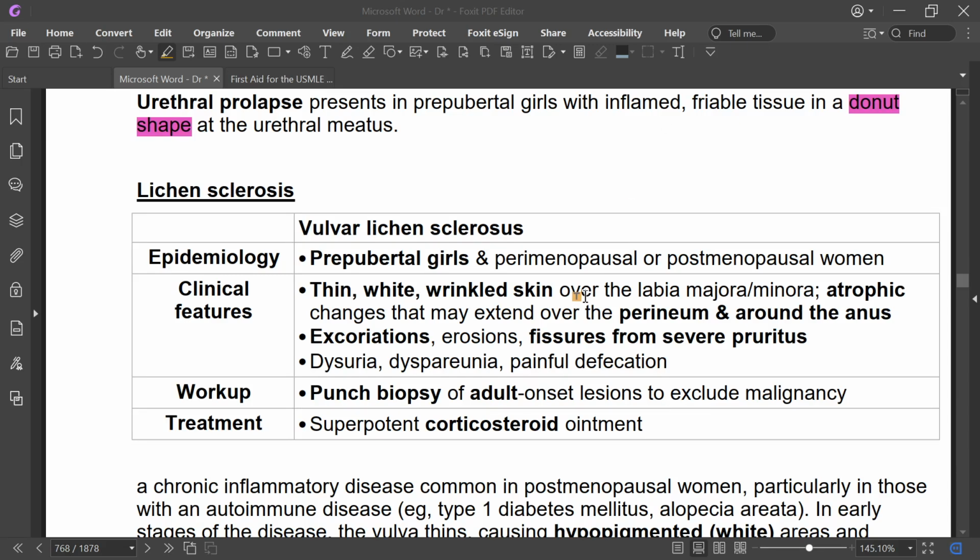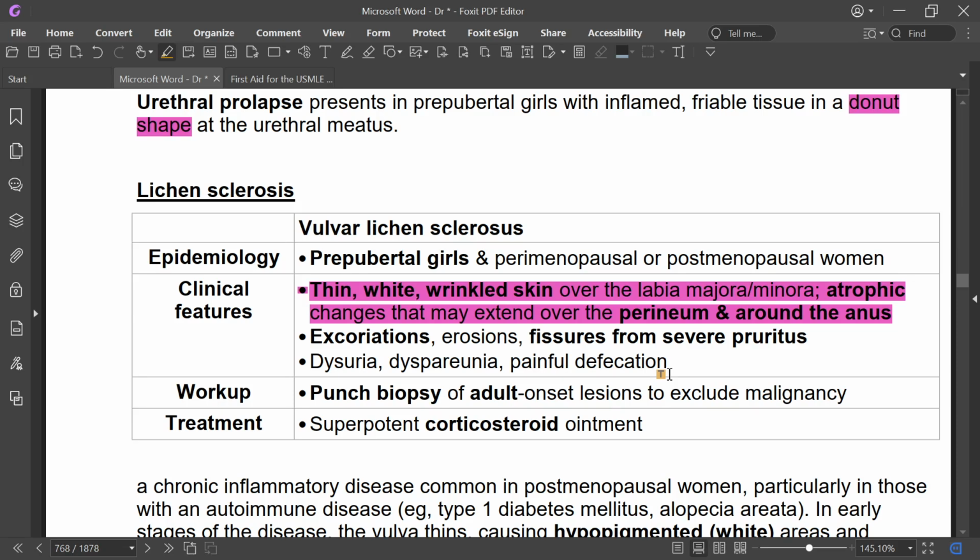Epidemiology of vulvar lichen sclerosus: prepubertal girls and perimenopausal or postmenopausal women. The clinical feature is thin, white, wrinkled skin over the labia majora and minora that may extend over the perineum and around the anus.